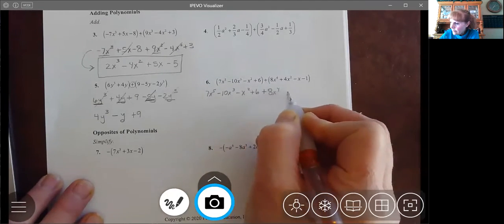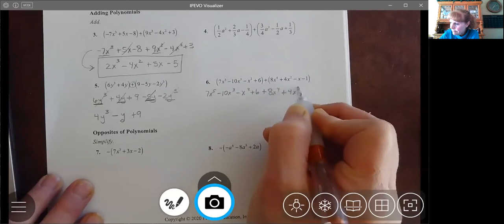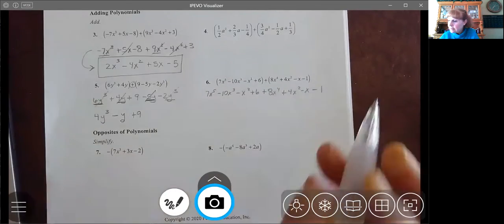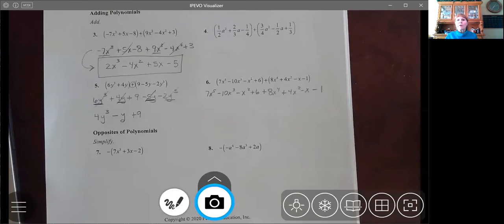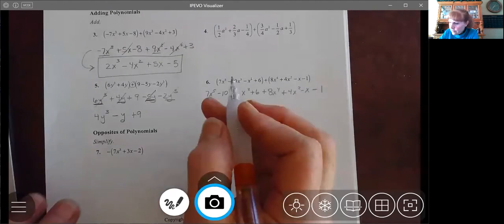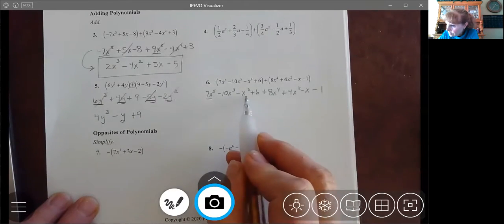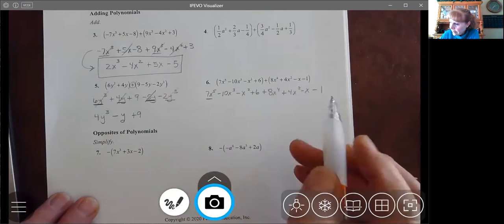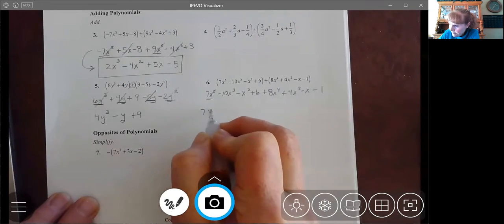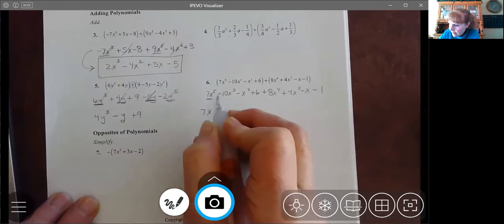I'm going to rewrite it without the parentheses. Let's start with our highest power. Our highest exponent is a 5. I'm going to look for any other x to the 5ths. No other x to the 5ths, so it's got to stay by itself.